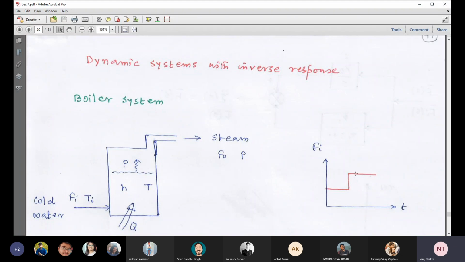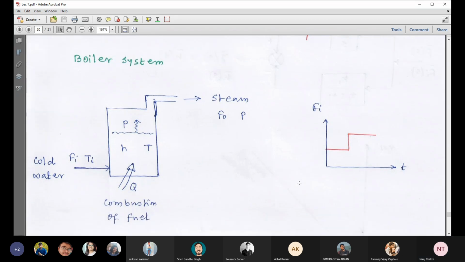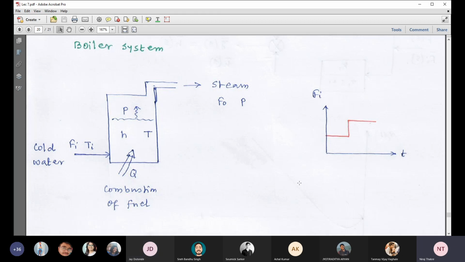We have considered a step increase in Fi. Because of this, what will happen in terms of water height in the boiler? Any answer, student? It will increase. Which one? Height. Okay. Now let us come to the consequence.